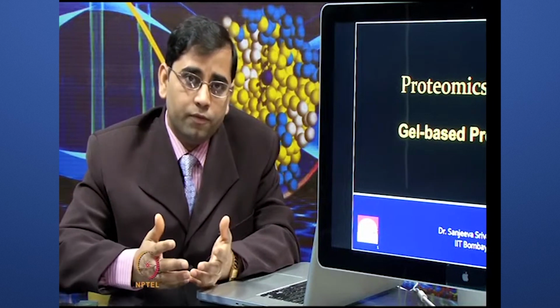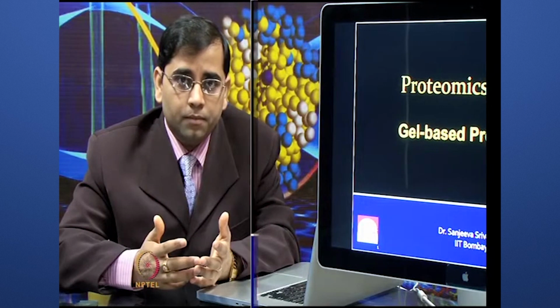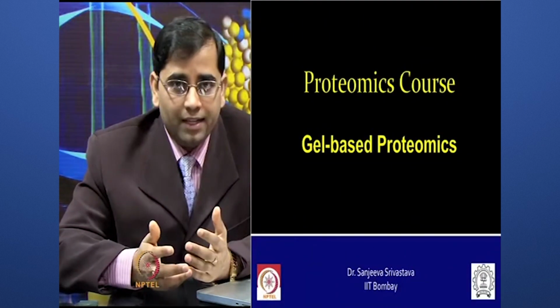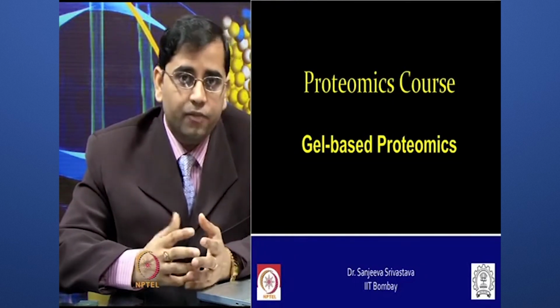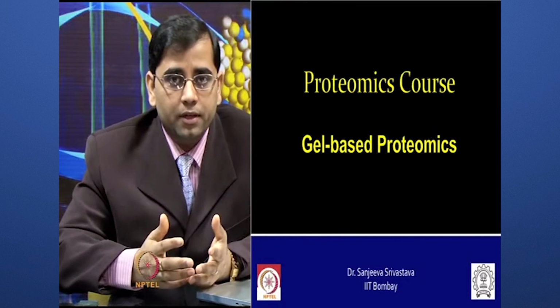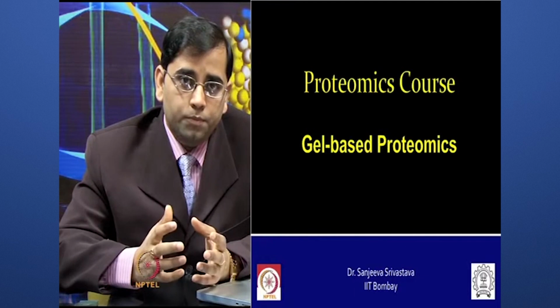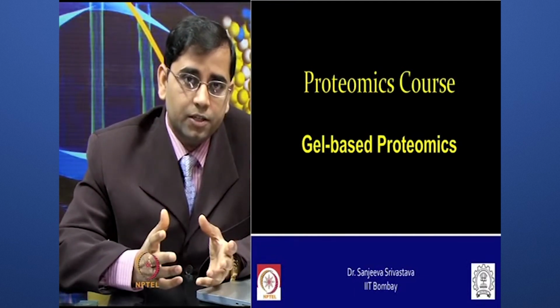The advanced form of two-dimensional electrophoresis separates proteins in such a way that different types of artifacts and variations from 2DE can be overcome by adding different dyes and mixing them together in the DIGE technology. So, all of these technologies will be discussed in gel-based proteomics.